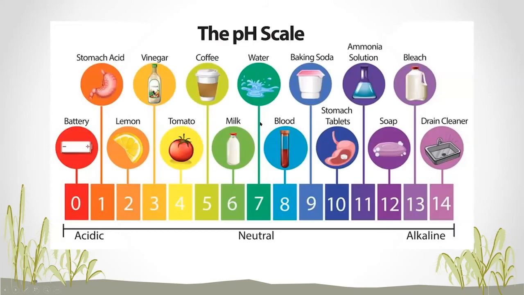And to put that more in perspective, I love this particular graphic that compares common things that we encounter every day with levels of pH on this scale. So we said water is our reference for neutral. So water is right there in the middle at 7. Milk's a little bit more acidic. In this case, 10 times more acidic than water. Coffee, 100 times more acidic than water.